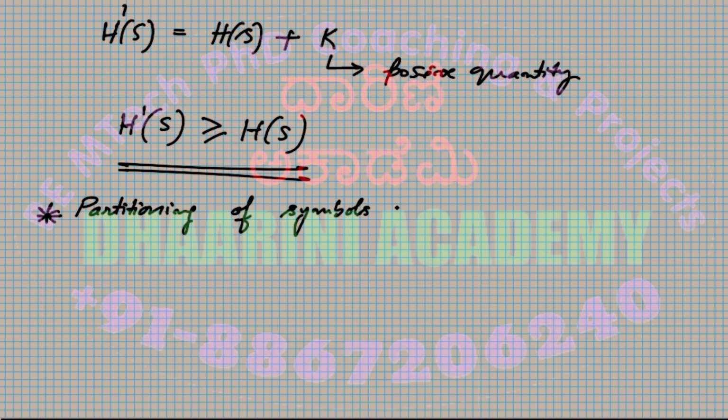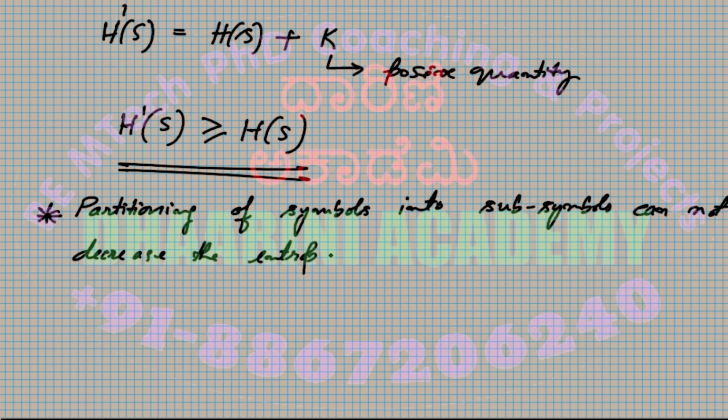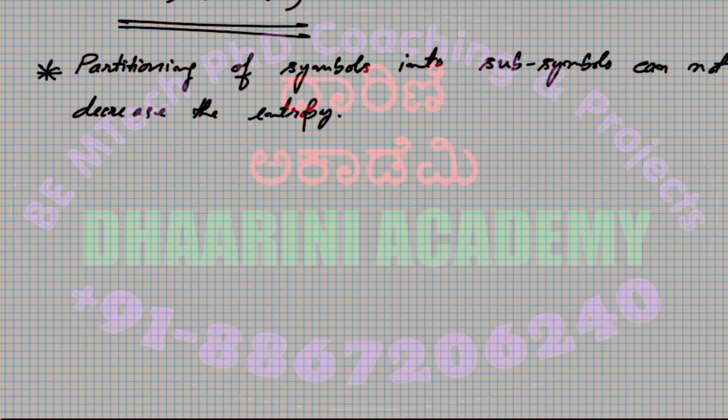Partitioning of symbols into sub-symbols cannot decrease the entropy. It will be equal or more than that. Okay, fine. Then that's property number 4.